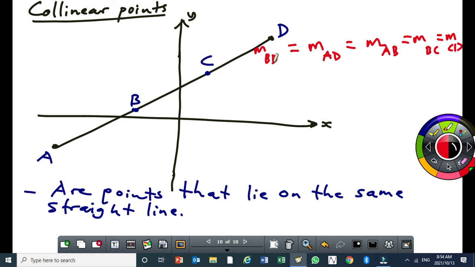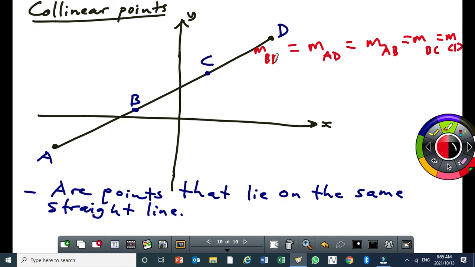Okay? So if let's say you are given the coordinates of A, C, and D, and you're asked to determine the gradient, you're given 3 points on the same straight line. It is your choice to decide any 2 points to calculate the gradient.